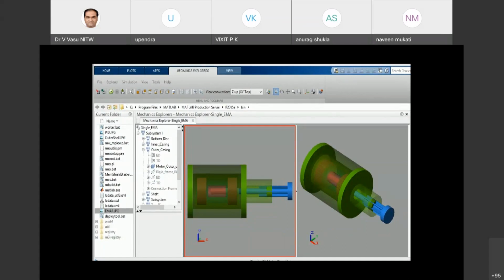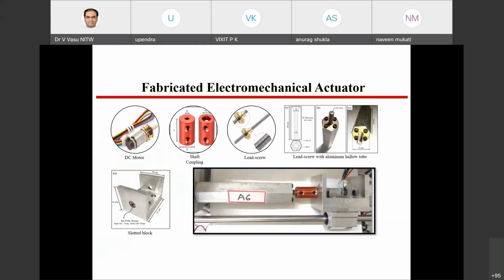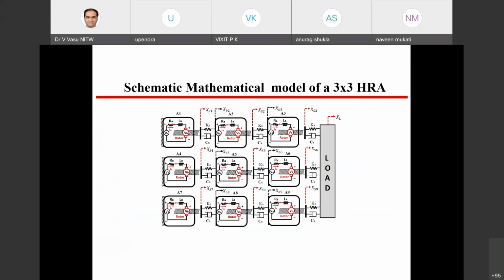So to overcome that, we make a combination of different actuators. This is the modular actuator. We have considered a single system, the base system, as I explained previously.